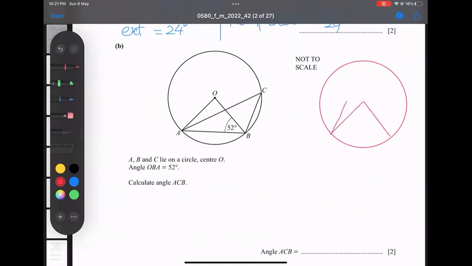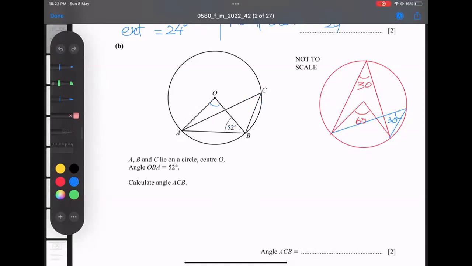If I join here and here, if this is 60, then this is half, 30. The center angle is double. If I get this angle, I can halve it to get angle C.